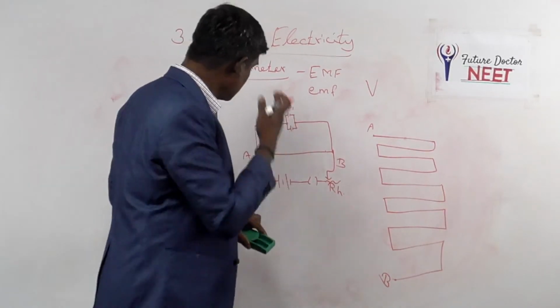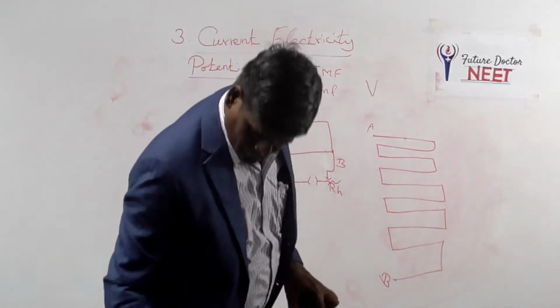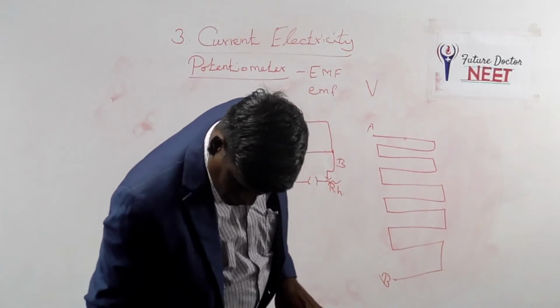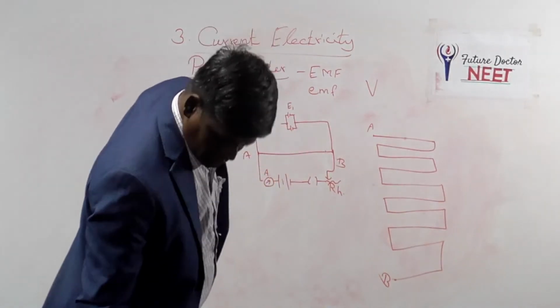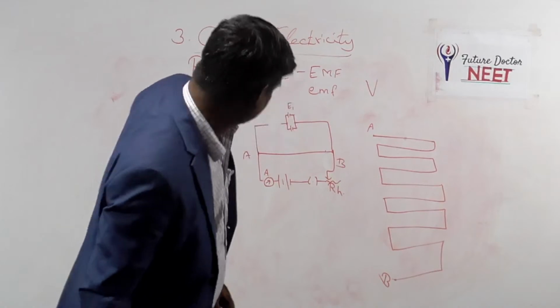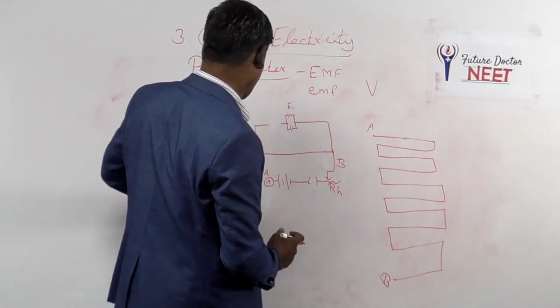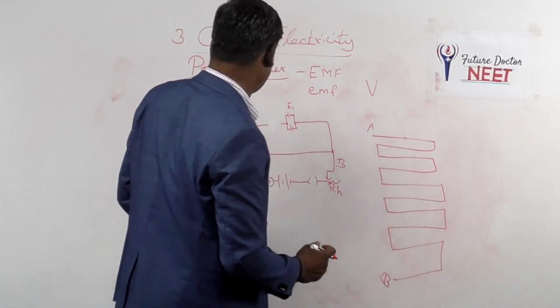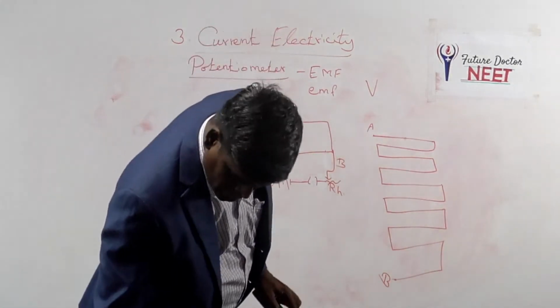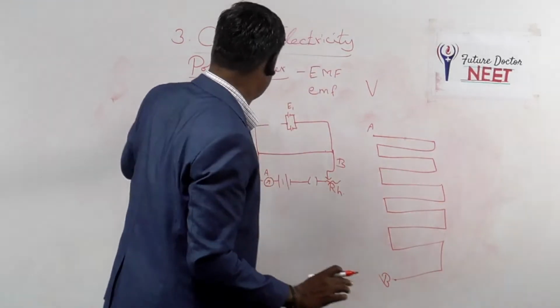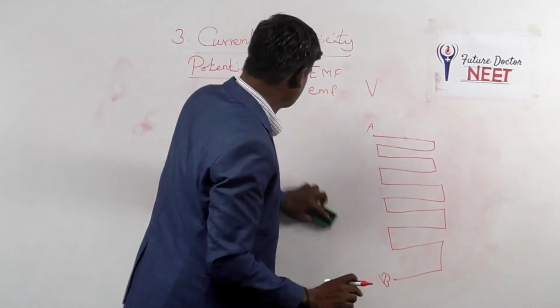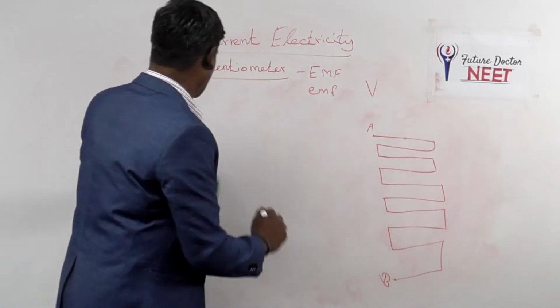Wait, better to use it this way, A, B. Wait one minute. Using A, B like this will be easy to understand.